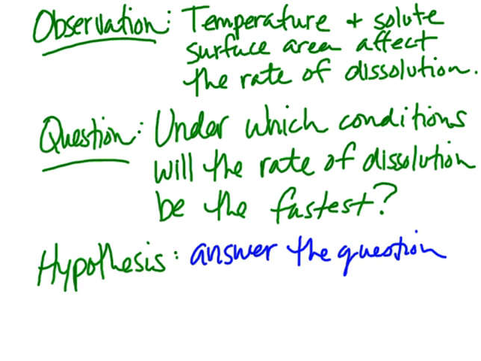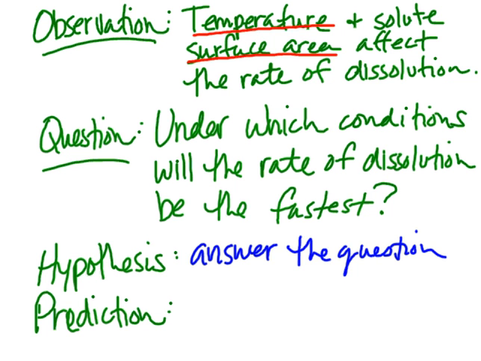Any combination of those two. So you're really testing two variables right here. You're going to test for temperature, and you're also doing surface area. So you're telling me with those two factors, under which conditions would the rate of dissolution be the fastest?